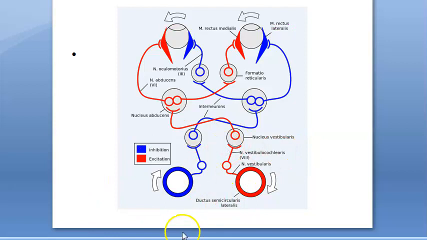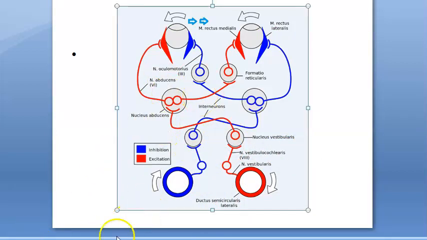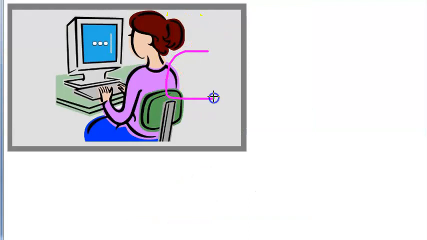Is this clear? Are you able to understand this? Cold water in this ear, and the nystagmus is towards the opposite side. That brings us to COWS, what you have been waiting for.